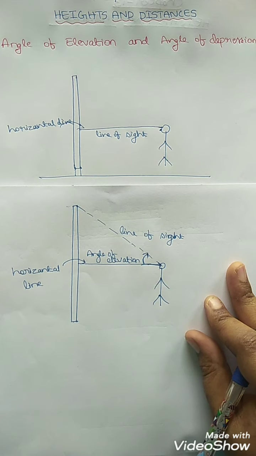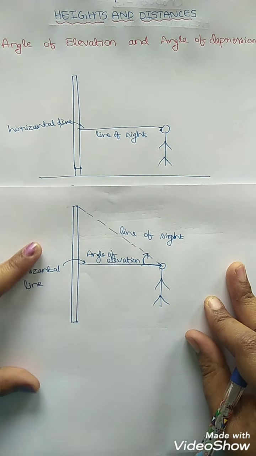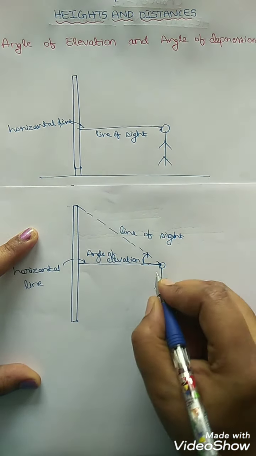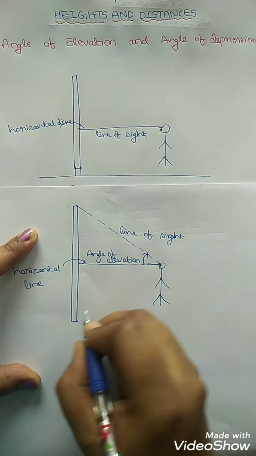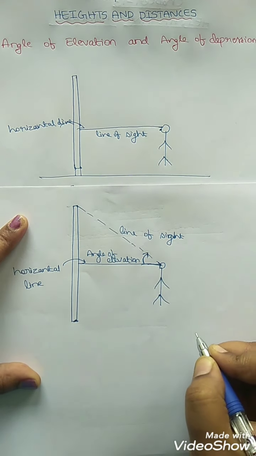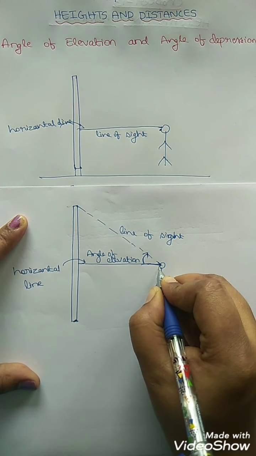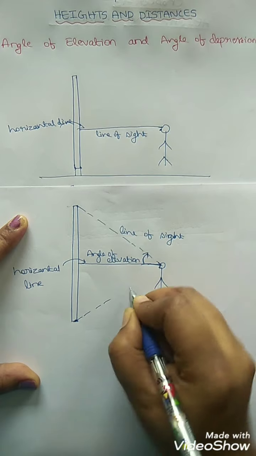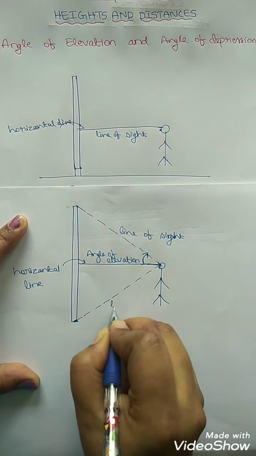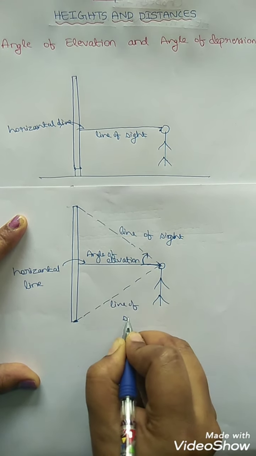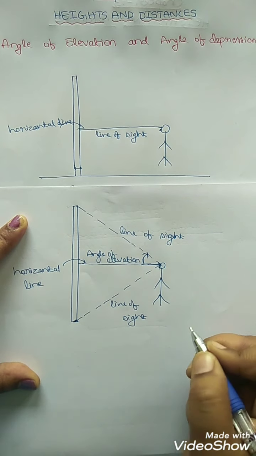In the case of angle of depression, consider the line of sight when a person is looking at the base of a pole. The line drawn from the eye of the person to the bottom of the pole is the line of sight when a person is looking down.